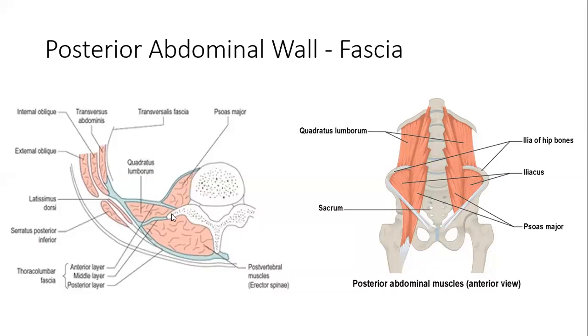Laterally, the fascia is continuous with the aponeurotic origin of the transversus abdominis muscle. Superiorly, the fascia thickens to become the lateral arcuate ligament, which joins the iliolumbar ligaments inferiorly.